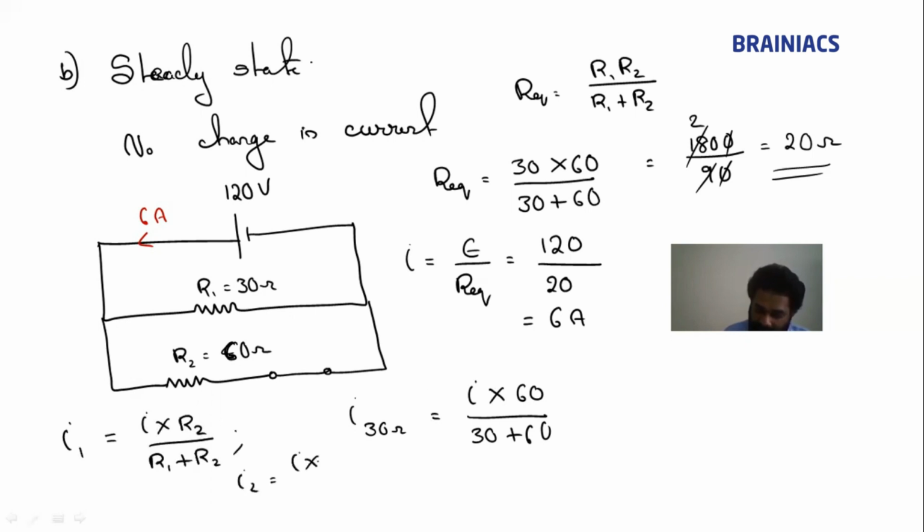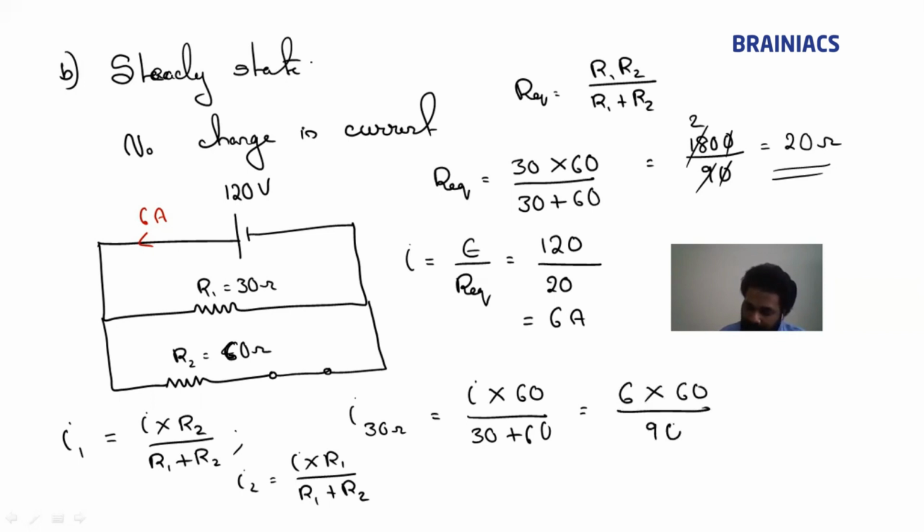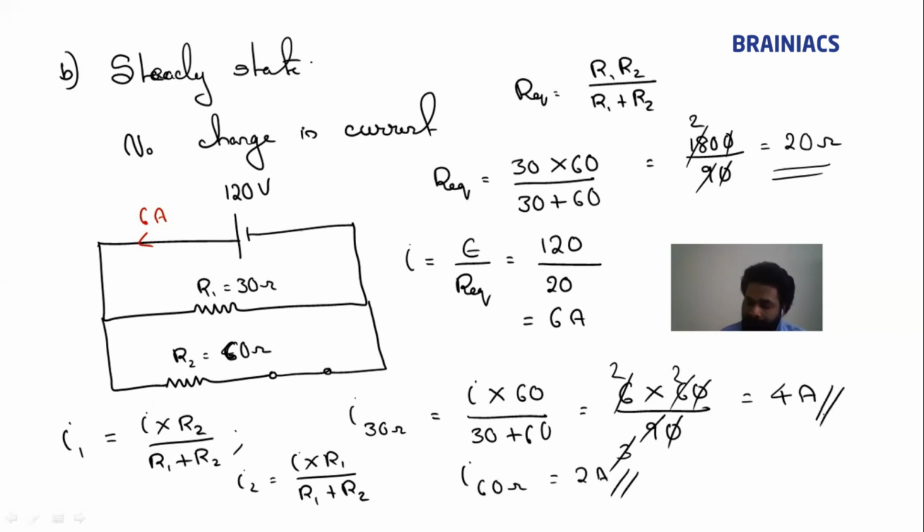I2 is I into R1 divided by R1 plus R2. Now the total current is 6 ampere. 6 into 60 divided by 90 gives 4 ampere. Obviously the current in 60 ohm is going to be the balance of 6 ampere, which is 2 ampere.